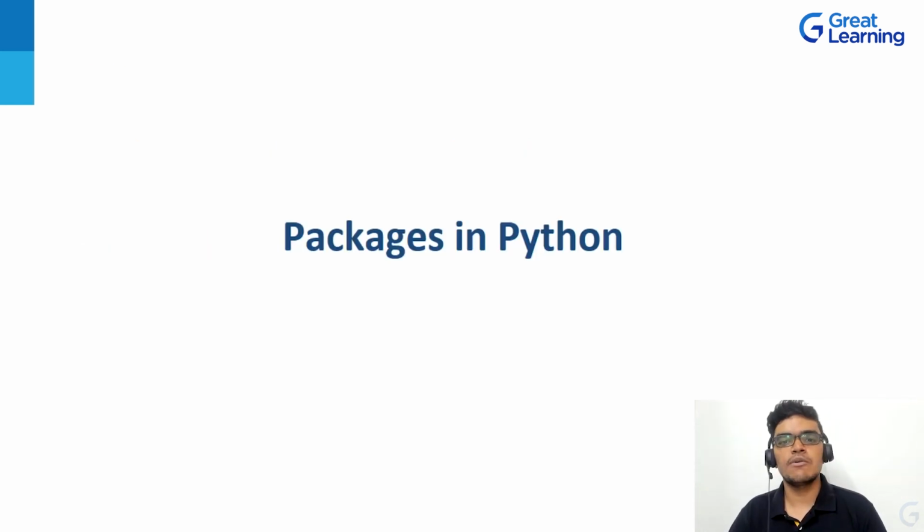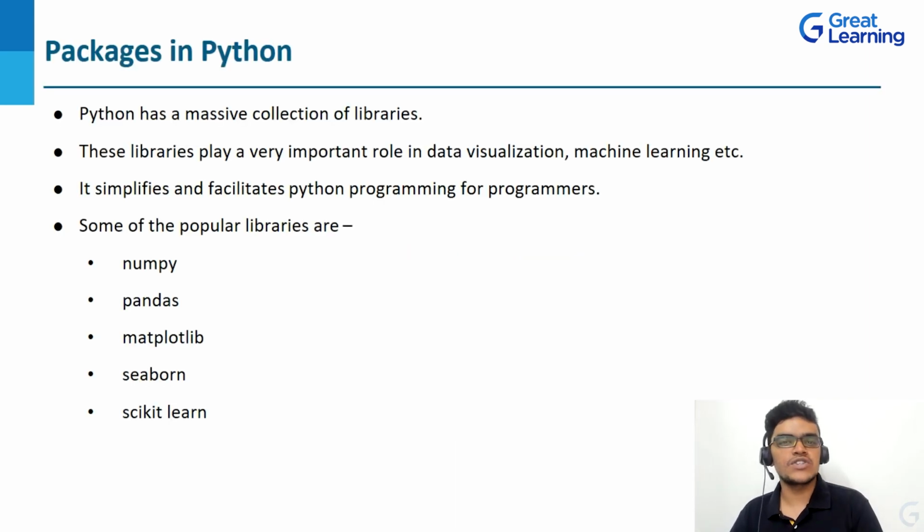So after understanding the Python language, let's see different types of packages that are present in Python. Python has a massive collection of libraries, such as NumPy, Pandas, Matplotlib, Seaborn, which are used for data visualization, data analysis, and also in machine learning. Right? So here we have some popular libraries.